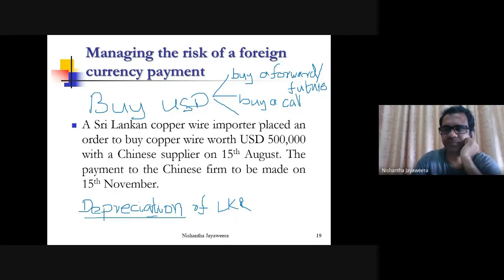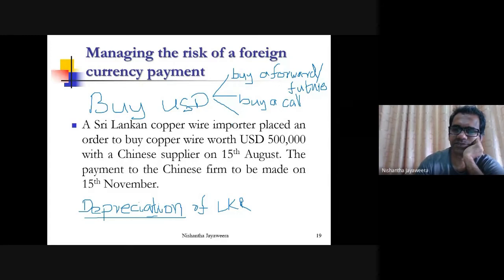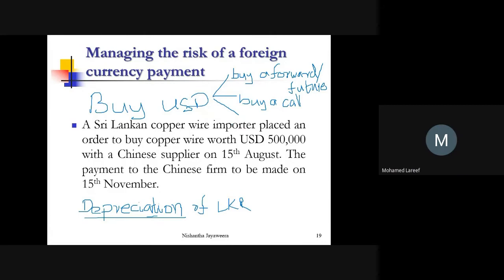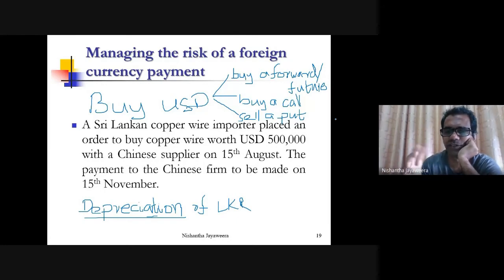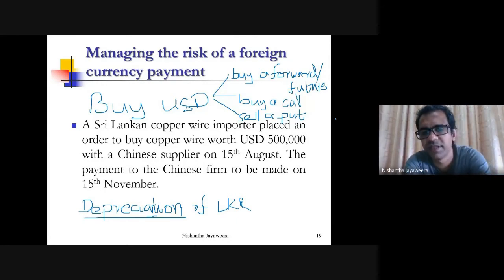Then third option, but the third one, it may not give a 100% hedge. Still you will take some risk. Yes, what is it? Sell a put option. By doing that, you try to create a cushion equivalent to the premium that you receive.